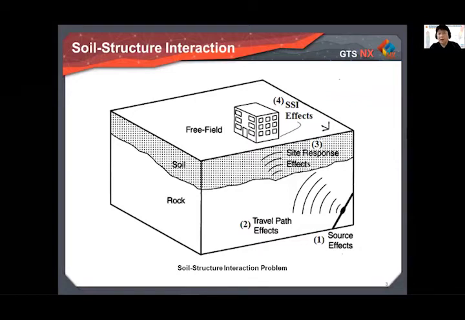In structures founded on non-rigid formations, the soil flexibility influences structural response and vice versa. This phenomenon is called soil structure interaction, simply SSI. SSI is one of the several factors influencing response to seismic loads that include source effect, travel path effect, and site response effect.